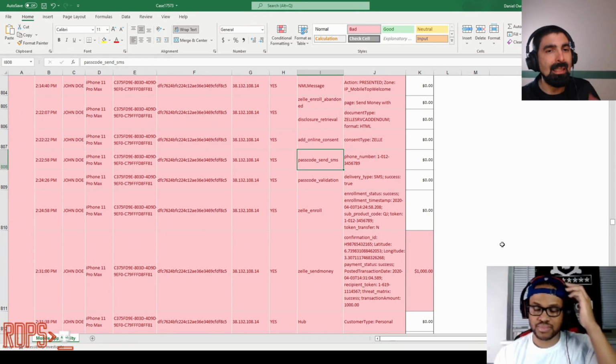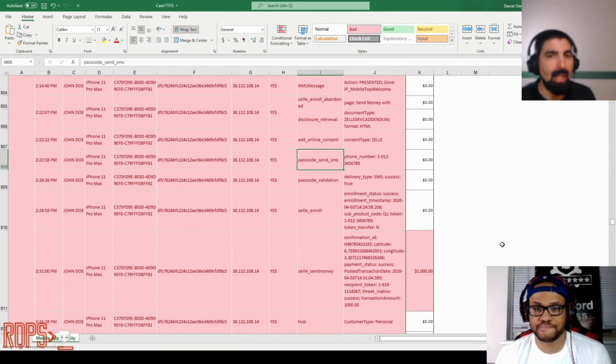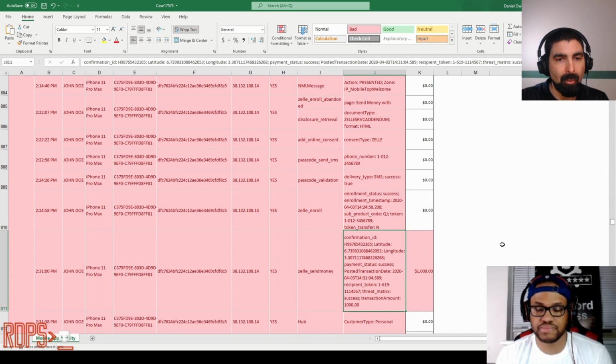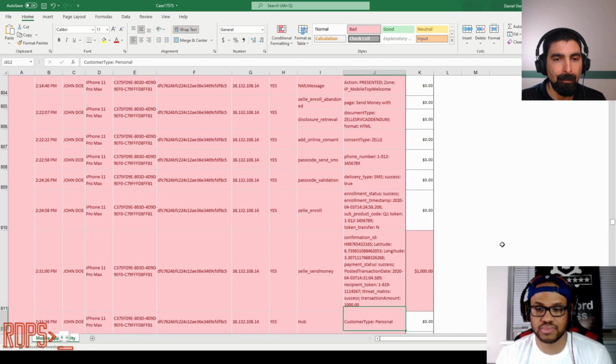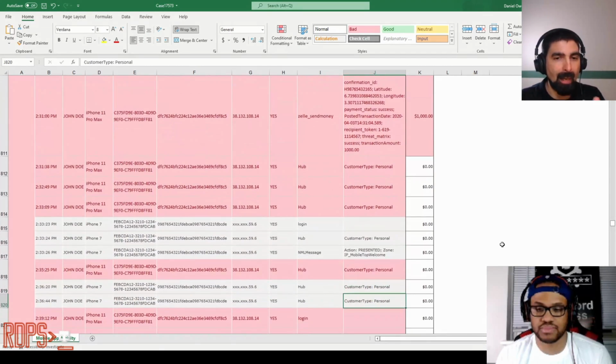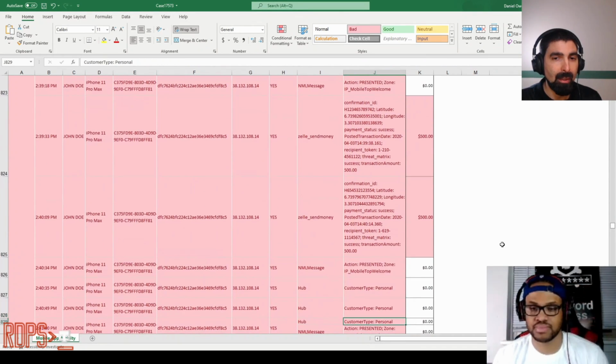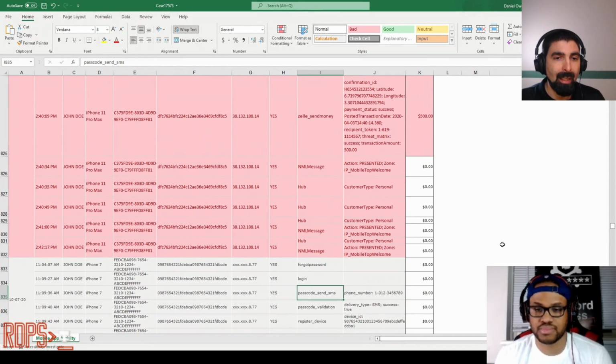And again, we see that SMS message is sent to the victim's phone, which they're in complete control of. So they immediately are able to enroll, finally. They enroll completely and they shoot the money out. And now that money's gone and it's not coming back. They shoot more money out and shoot more money out.